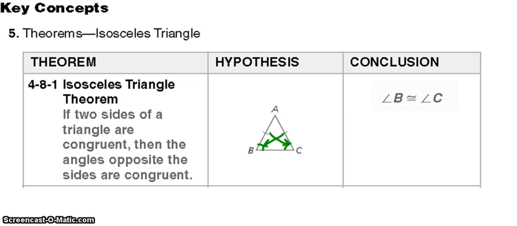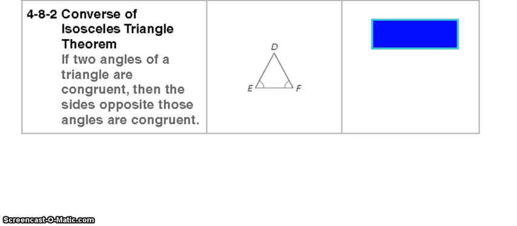The next theorem is the converse of the isosceles triangle theorem. It's the opposite of the theorem that we just did. It states here, if two angles of a triangle are congruent, then the sides opposite those angles are congruent. So we see that angle E and angle F are congruent.